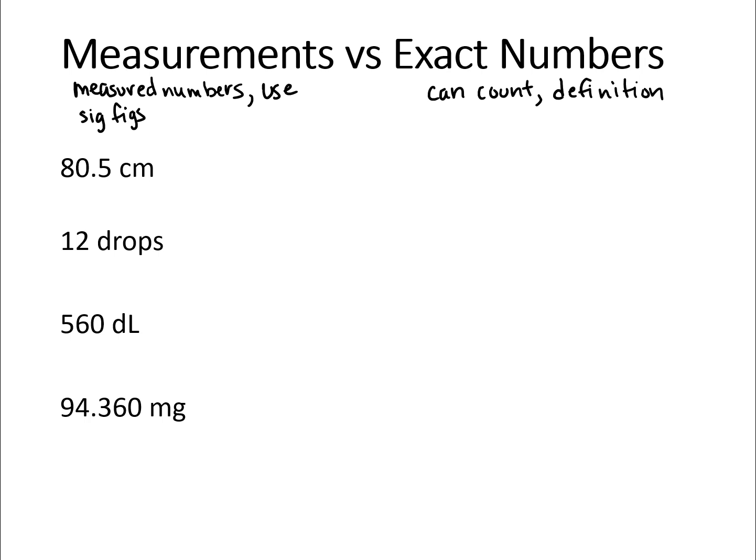So with that said, here's what we're going to do for this exercise. For each of these numbers, you want to classify it as a measurement or an exact number. For all of the measurements, write how many sig figs you have in the measurement.